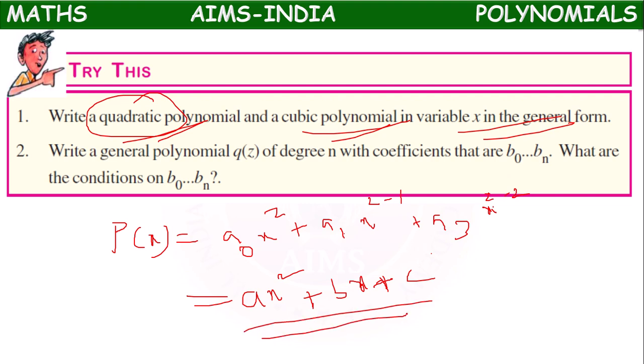So ax square plus bx plus c is the general form of quadratic polynomial.